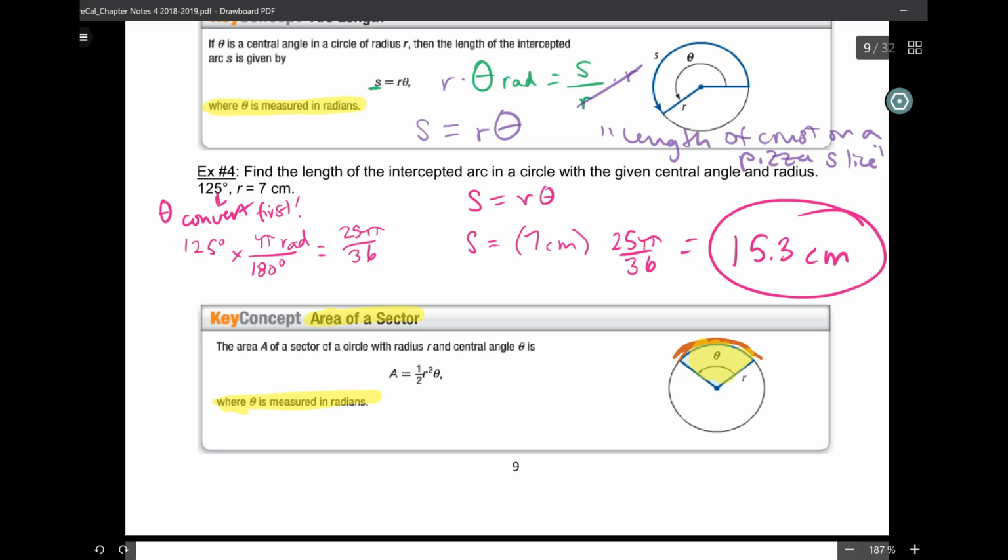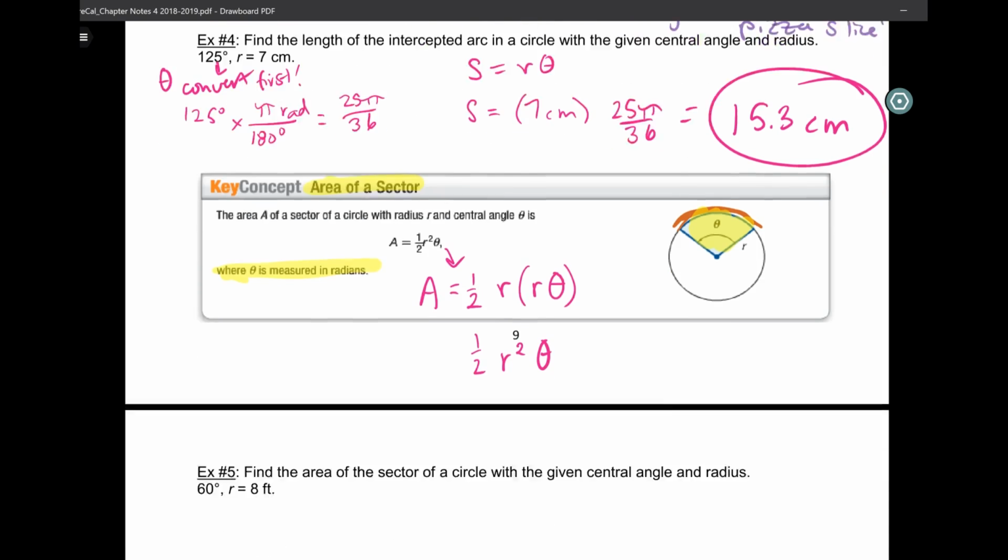Secretly, this formula comes from the fact that the area is equal to 1/2 radius times the length of the arc. The length of the arc is the radius times the amount in radians, so of course this simplifies to 1/2 r squared theta. This is like a triangle where you have 1/2 base times height, more or less. You can look in your book for more information.